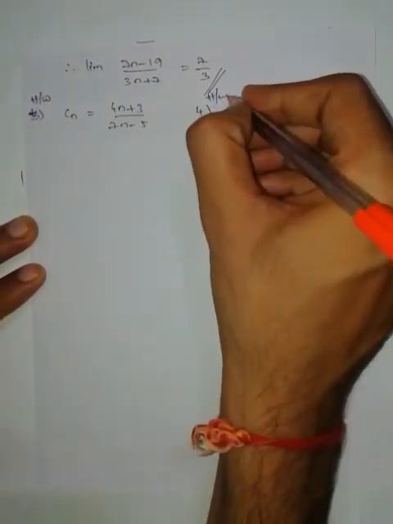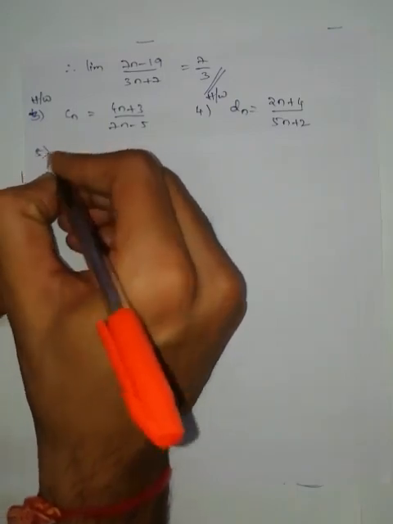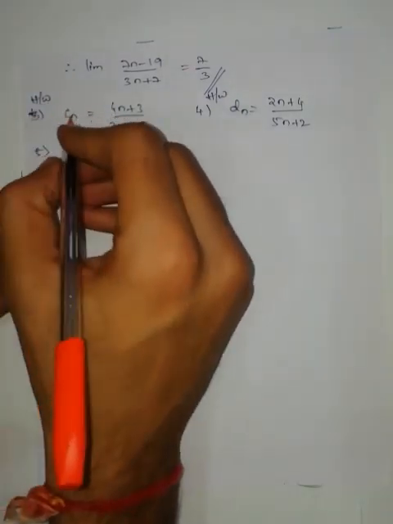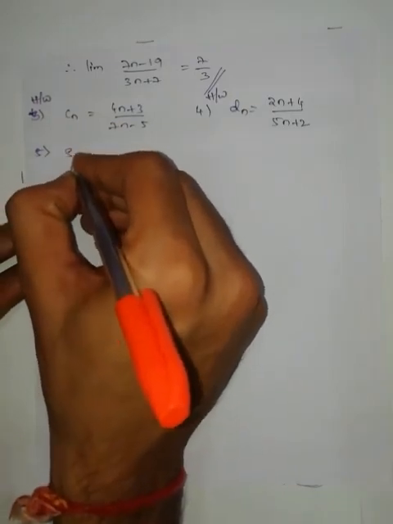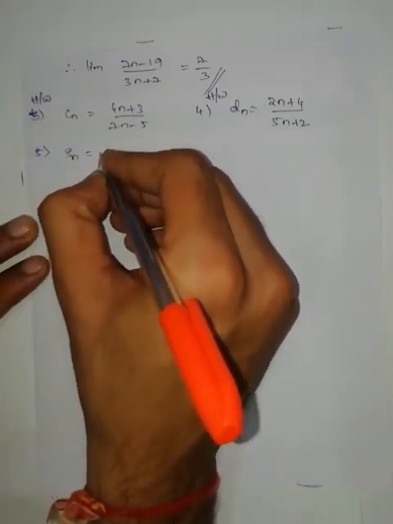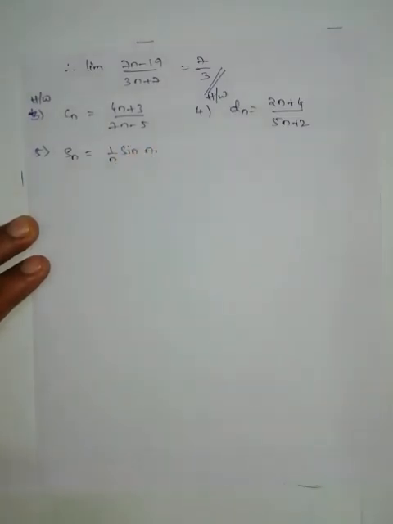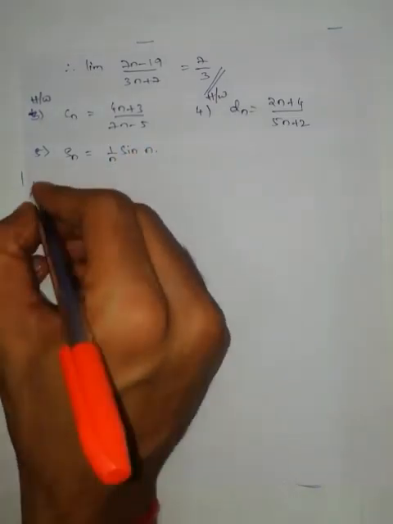Homework. And the fifth one, Sn is equal to 1 by n sin n. This one I will do.